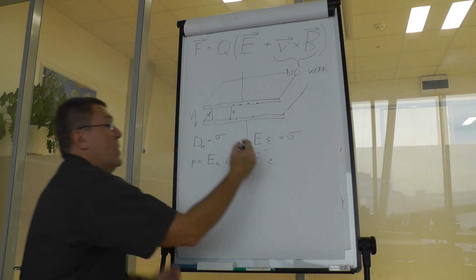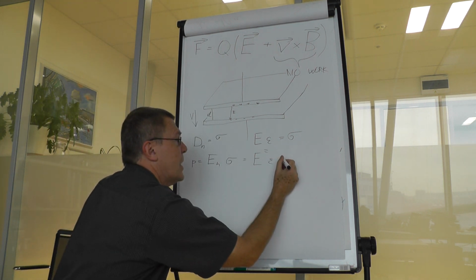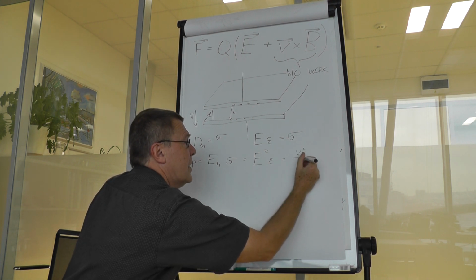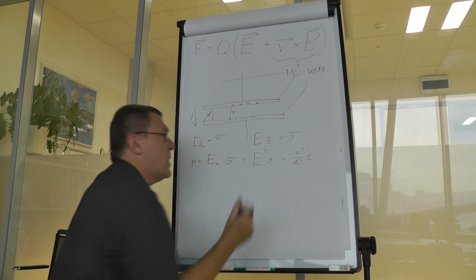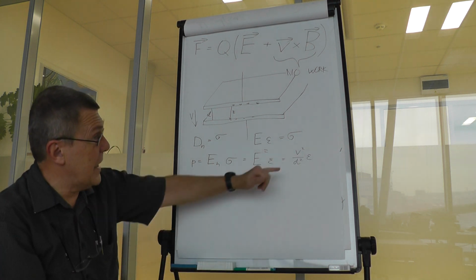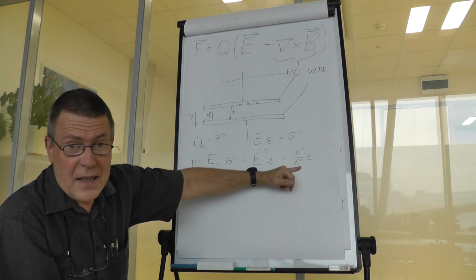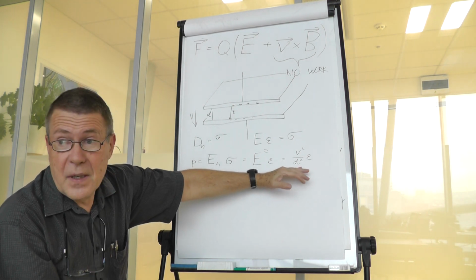And we know that the E is the voltage divided by the distance, which is V squared over distance squared multiplied by permittivity. Now this is the pressure which is exerted by the field on the electrodes.